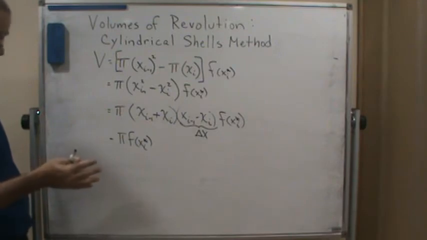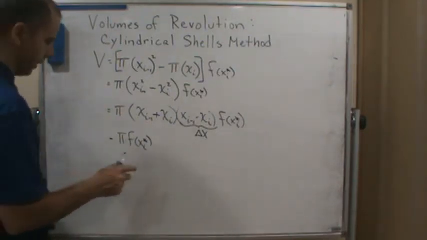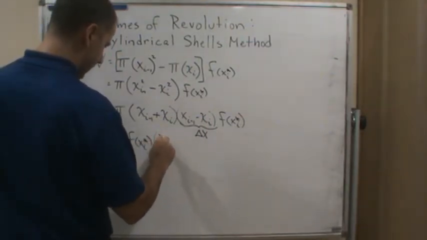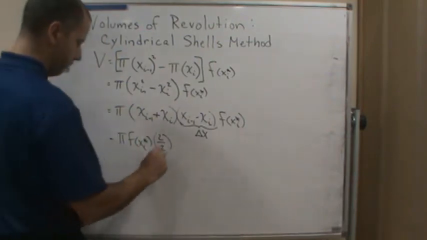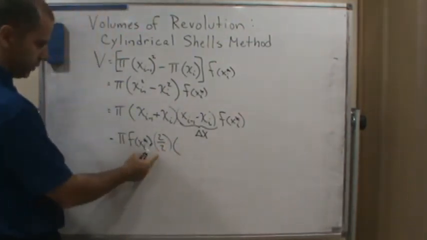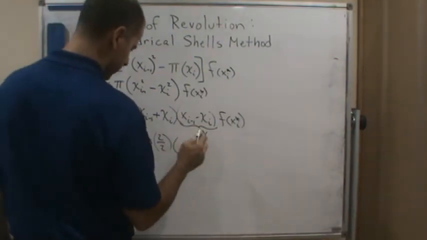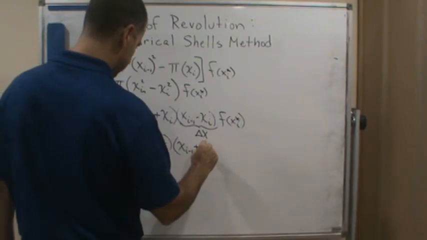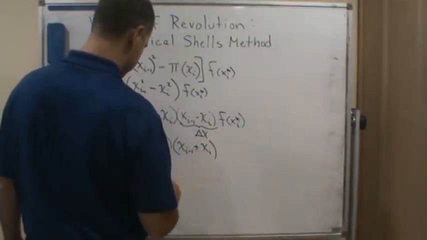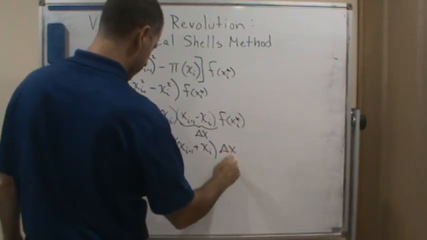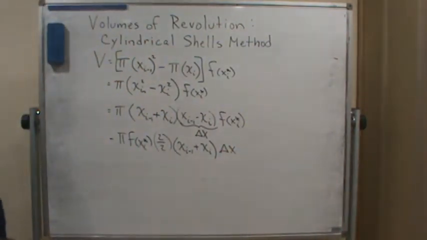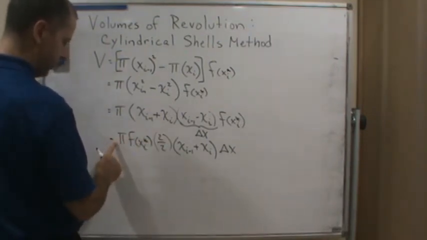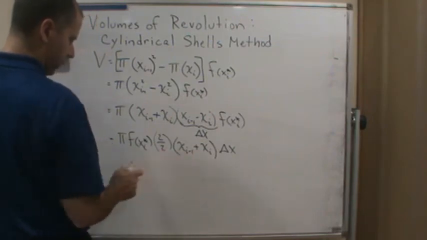But I can't just divide by 2 without multiplying by 2 as well, right? So I've got to multiply by a fraction of 2 over 2. So let's add 2 over 2 to the mix. I didn't change anything. All I did was multiply by 1, so it doesn't change anything. But you'll see why I'm doing this. Now I'm going to pull the 2 in the numerator out front, and put the 2 in the denominator here.